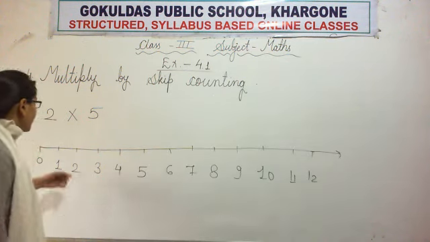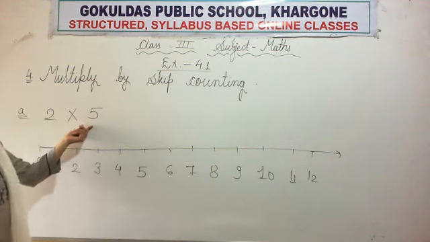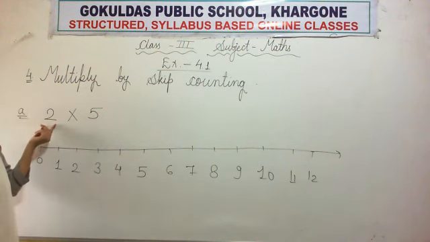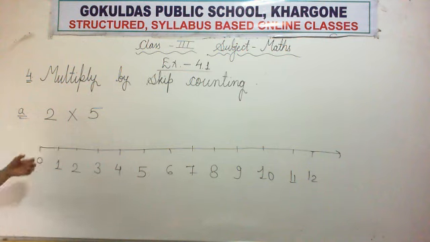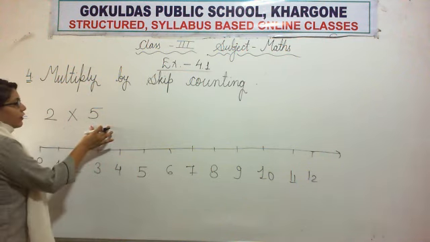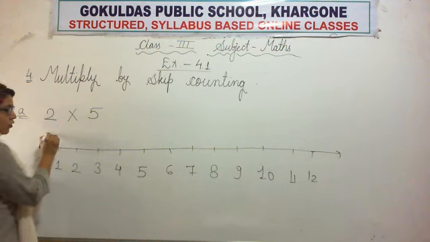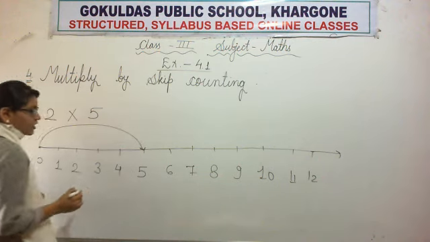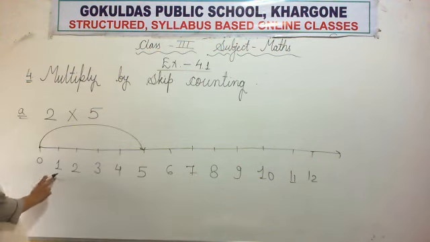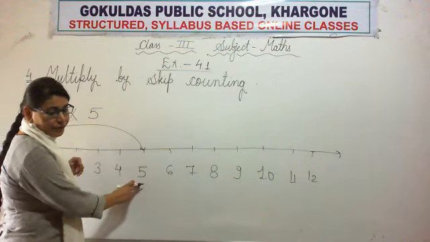Okay, so 2 into 5. The first number shows times. Learn this thing. Okay, 2 times 5. This is 1 time 5. 1, 2, 3, 4, 5.